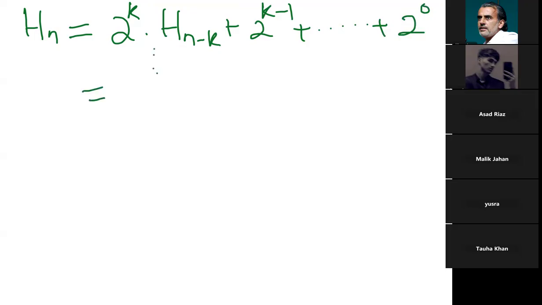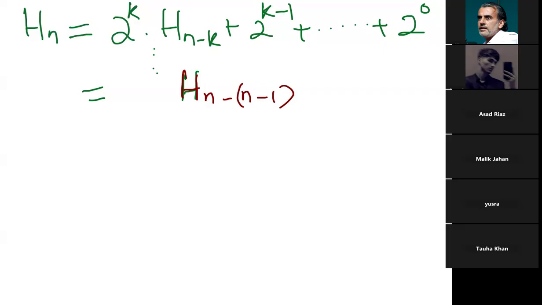So we need to reach a point where this h term becomes h1. In order to make it h1, we need to have over here n minus k equal to 1, so k goes down to n minus 1. That will be the point.